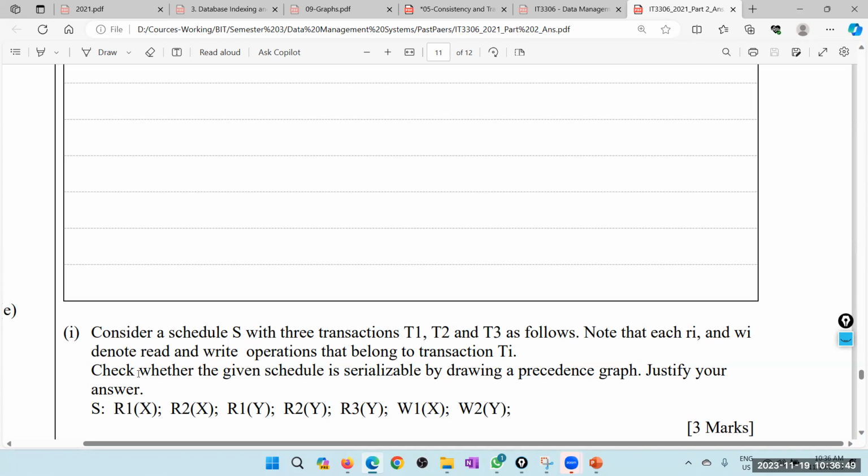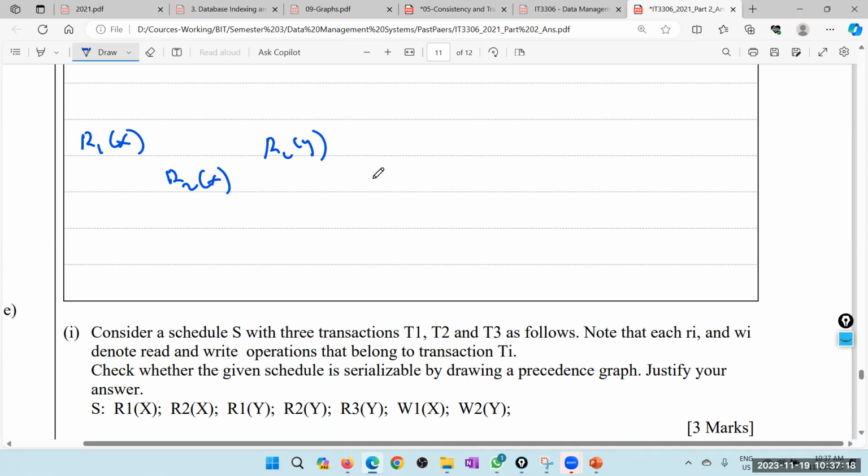Right. So let's draw it. It's easy, right? So this is transaction 1, transaction 2, transaction 1, transaction 2, transaction 3, transaction 1, transaction 2, right? It's a little bit confusing. I will put it the way I like it. I like this: read 1x, read 2x, because this is transaction 2, then read 1y, because then it's very clear.